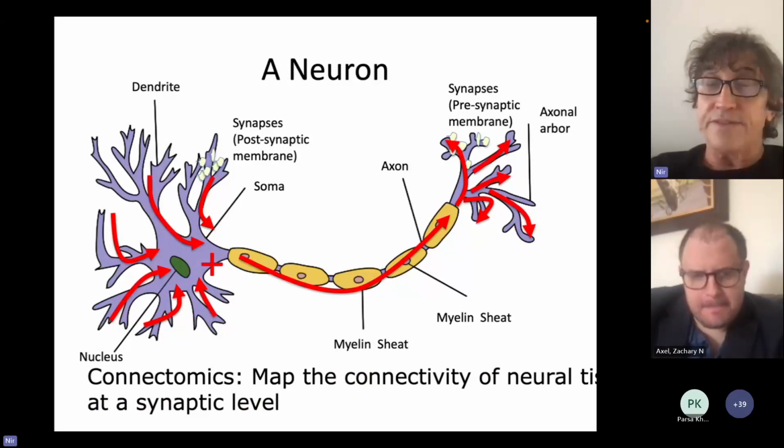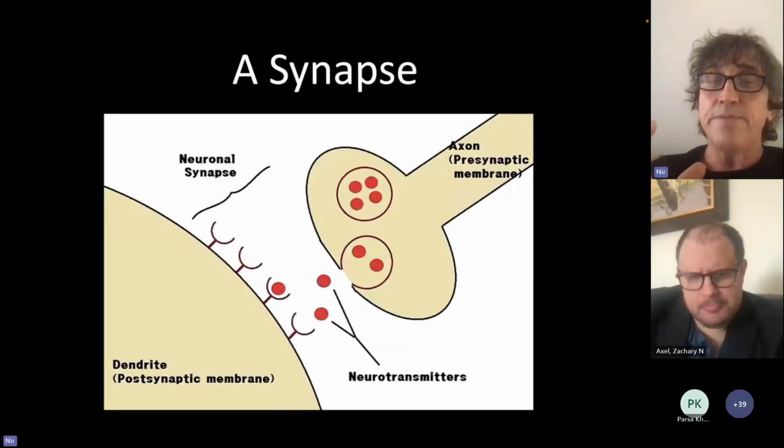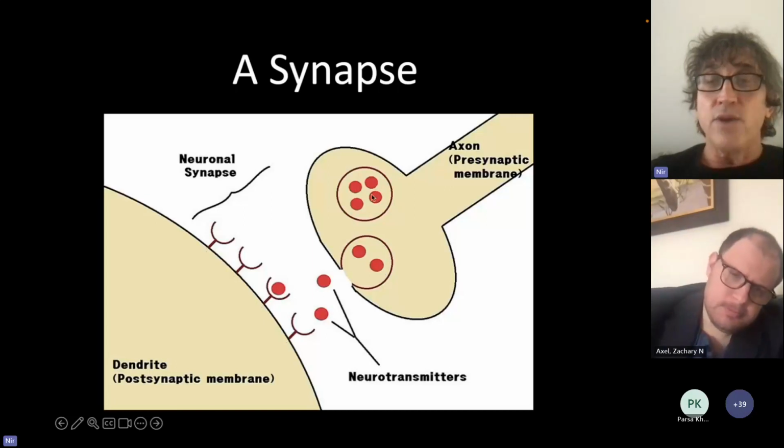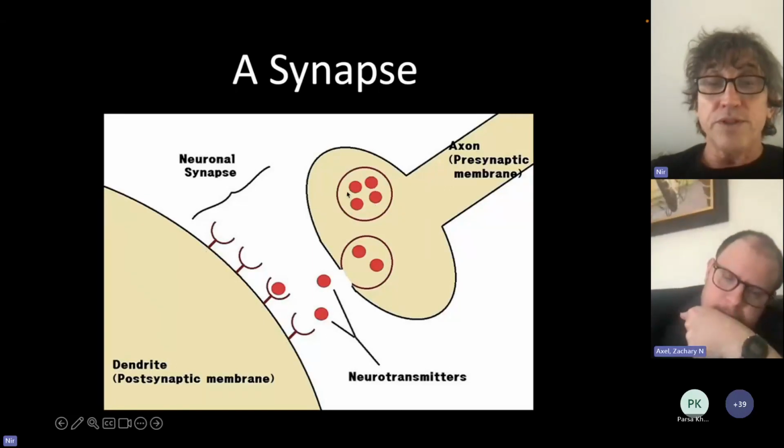Now, connectomics, the field that I do research in, tries to map the connectivity of neural tissue at the level of these synapses. A synapse is what connects one neuron to the next. Here's an axon, and this is the synaptic connection. You have these pouches, full of neurotransmitter, a chemical, and when a pulse comes down the axon, it causes these pouches, these vesicles, to open.